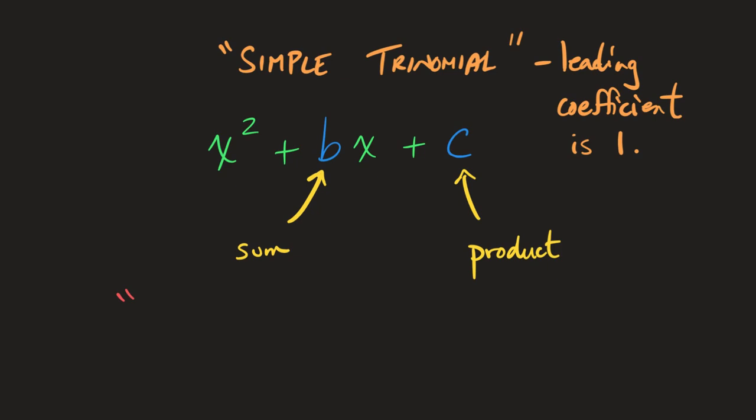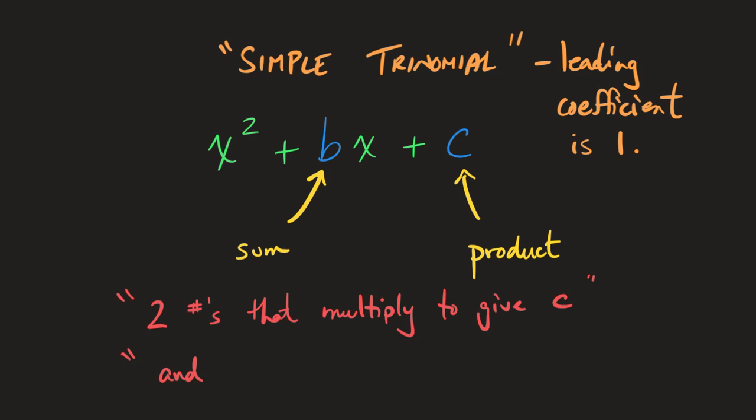So we would say two numbers that multiply to give C. That's what we're looking for. That's going to narrow down our quantity of choices. But then we have to follow it up to get the right choice by saying and.